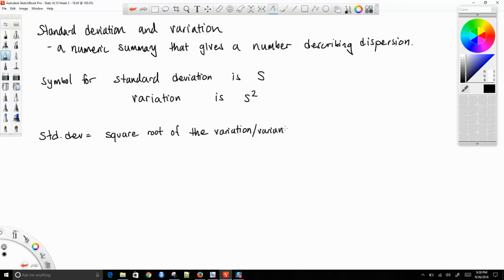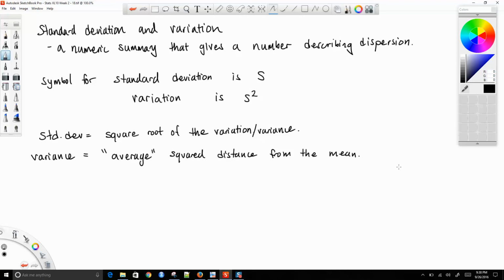All right, and then we can define the variance as, and I'm going to put this in quotes, "the average squared distance from the mean."